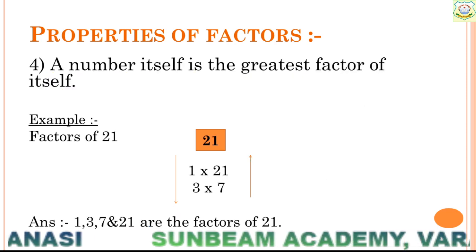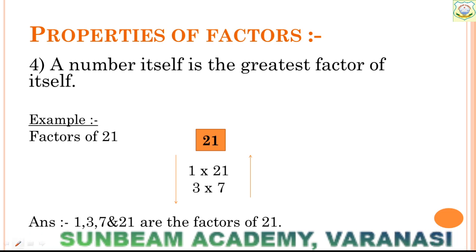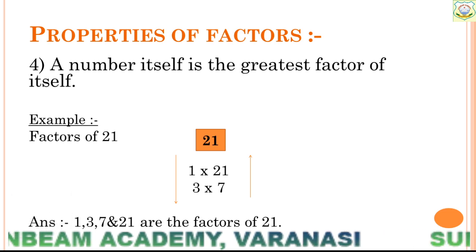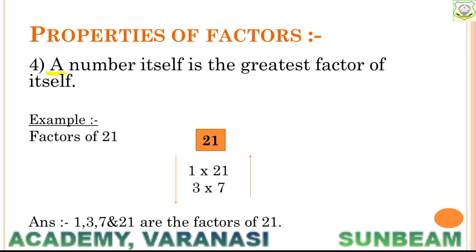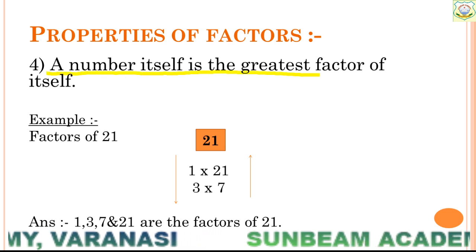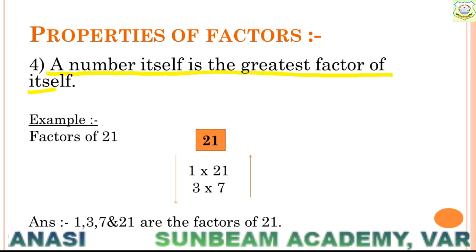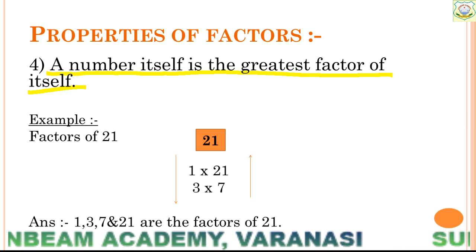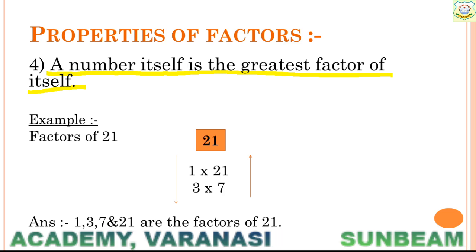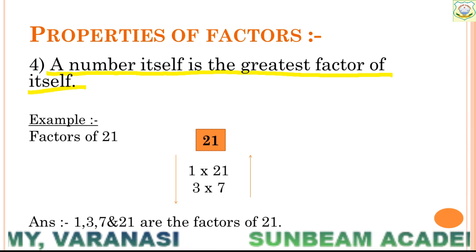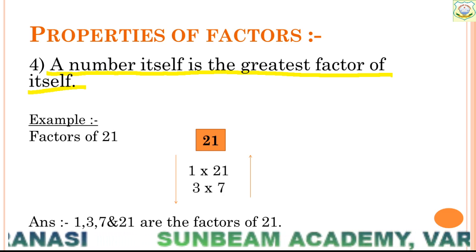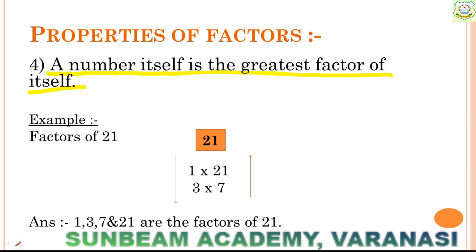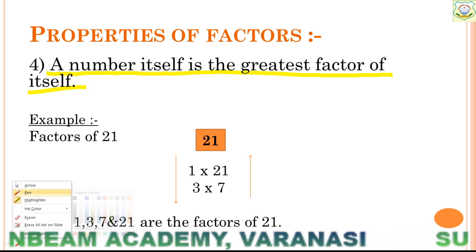Now coming towards the fourth point. What is the fourth point? A number itself is the greatest factor of itself. Okay? A number itself is the greatest factor of itself. Right now I am going to tell you about the difference between multiple and factor regarding the greatest number. Right?